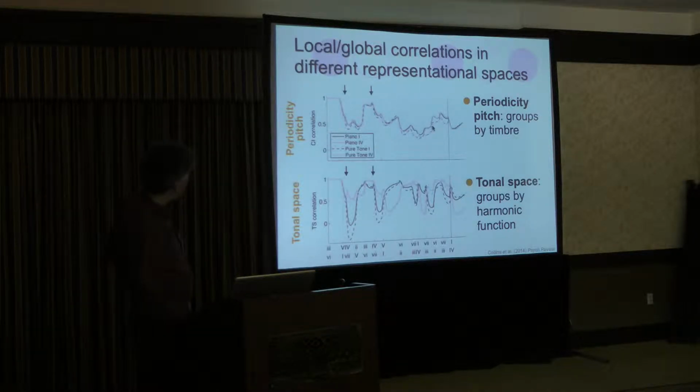And this is now shown for 4 different melodies. The solid lines are played with a piano timbre. The dashed lines are played with pure tones. Okay. The dark lines mean that the ending is on the tonic, and the gray lines mean that the ending is on the weaker subdominant. And so what you notice in the periodicity pitch representation is that the grouping is by timbre.